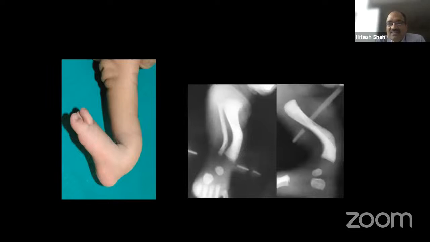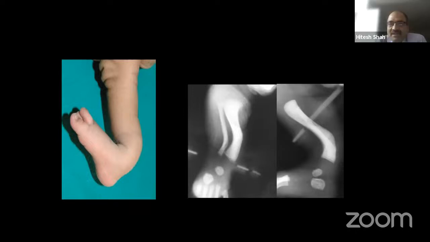Okay, so these are the X-rays. Can anybody summarize what you will do for this? There are only two important aspects. Where is the apex of the leg deformity? Is it anterior or posterior, medial or lateral? If the apex is posterior and medial, that is called posteromedial bowing.